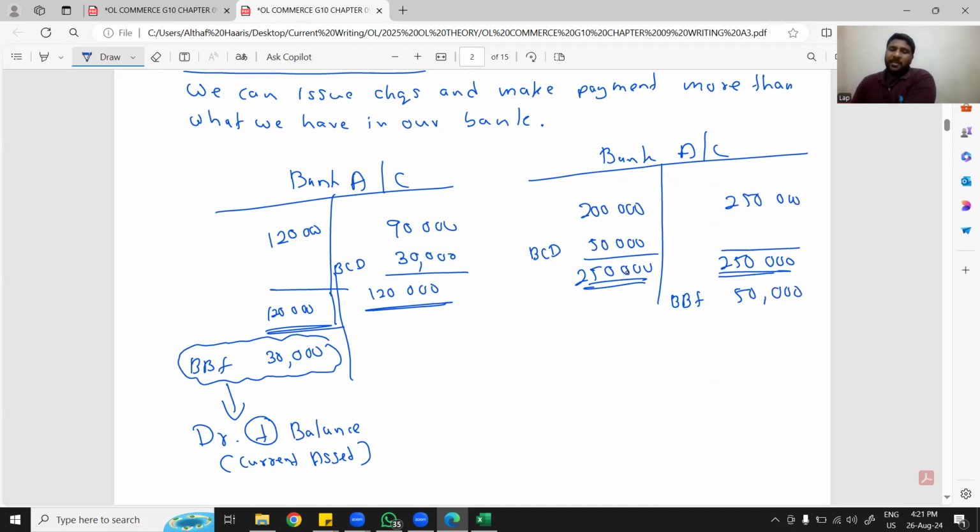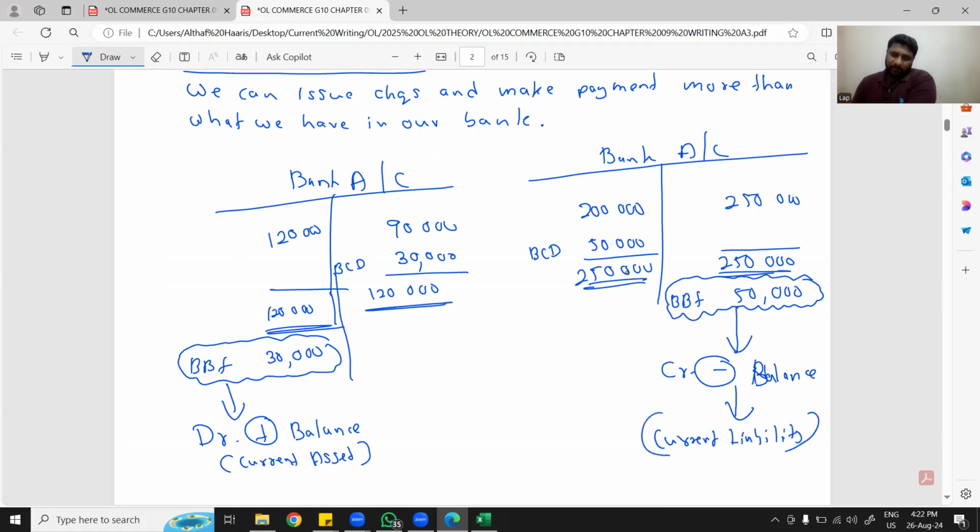This time tell me, BF is there in which side, debit side or credit side? This time BF is there in the credit side. If it is in the credit side, it's a negative balance. Negative balance means it's a current liability.